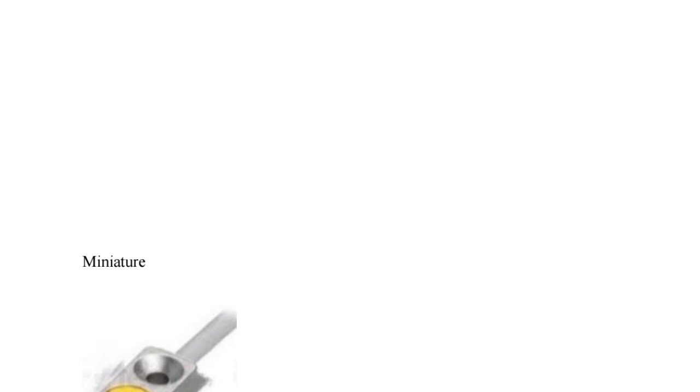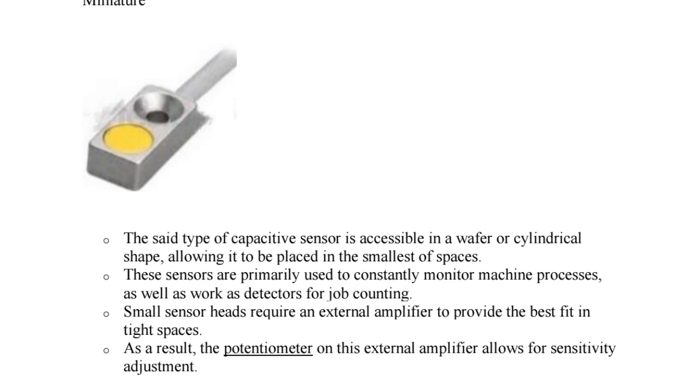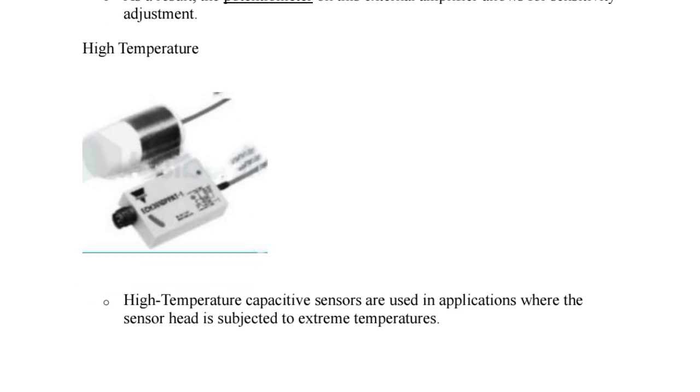The analog capacitive sensor detects analog information, and the miniature capacitive sensor is used to measure small levels in amplifiers or potentiometers, which we can measure easily using this.